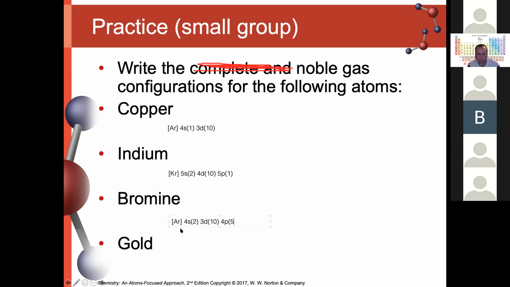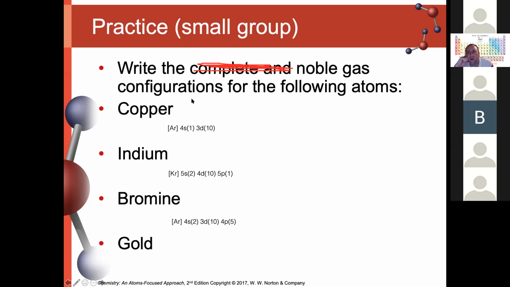Did you say 5s2 and 4d10 for indium? Mm-hmm. I thought it'd be 4d. No, that's only 48. It's supposed to be 49. So is it? How many elements are in the D block?